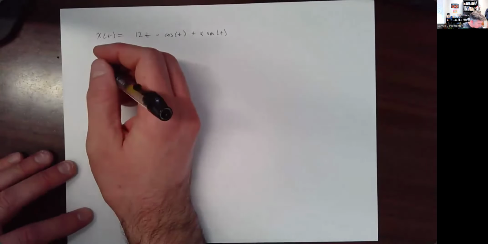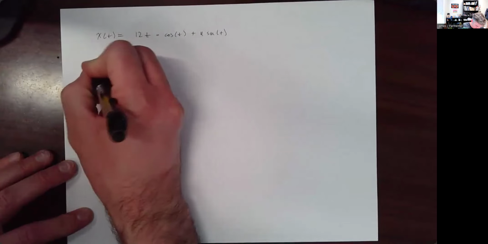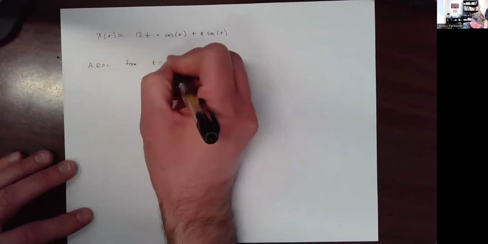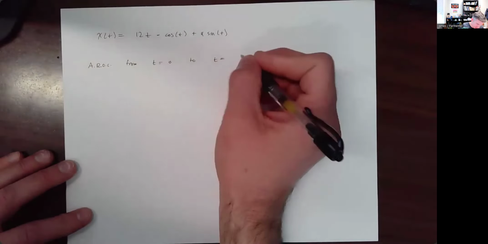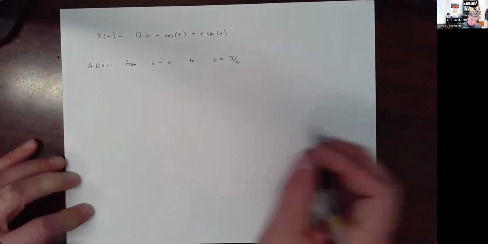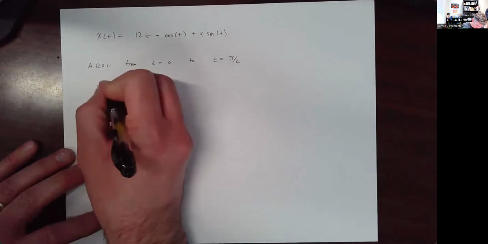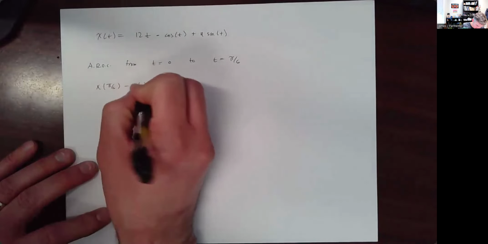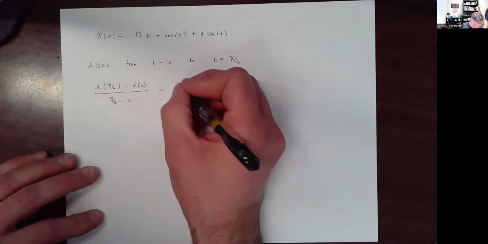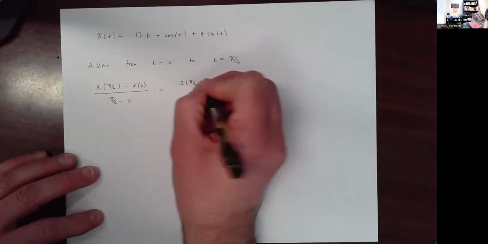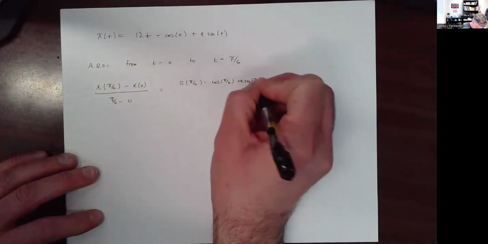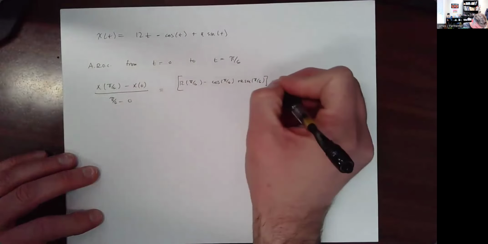So then if I want to find the average rate of change from t equals 0 to t equals, let's go pi over 6 here, then it's going to be x of pi over 6 minus x of 0 over pi over 6 minus 0. x of pi over 6 is going to be 12 times pi over 6 minus cosine of pi over 6 minus 4 sine of pi over 6, minus x of 0.